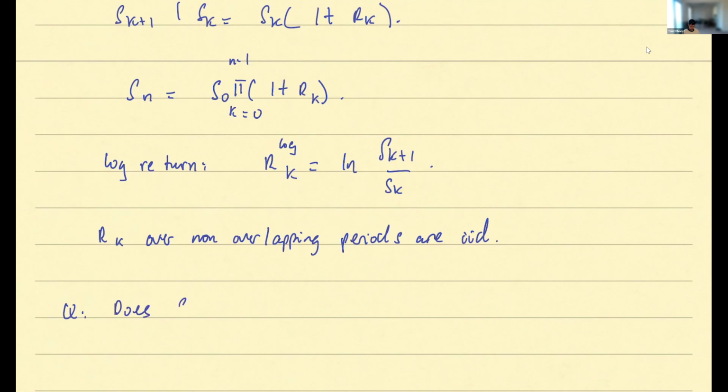If you collect stock price, let's say closing stock price, over different days, like you saw in the Python code, is stock price IID? No, absolutely not.